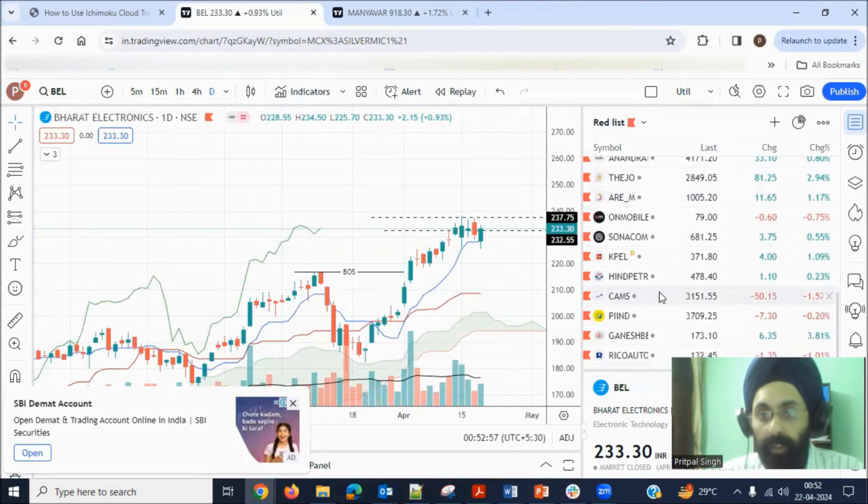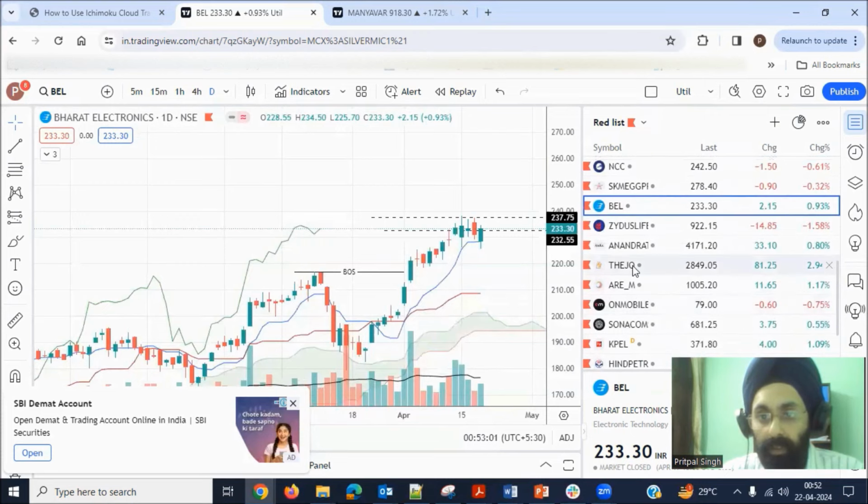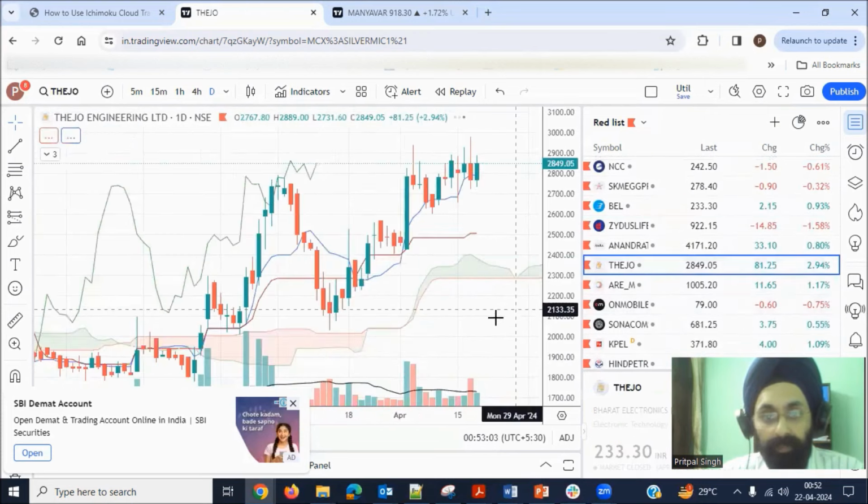Now I will show another example in which price got support from the baseline after the Ichimoku crossover.